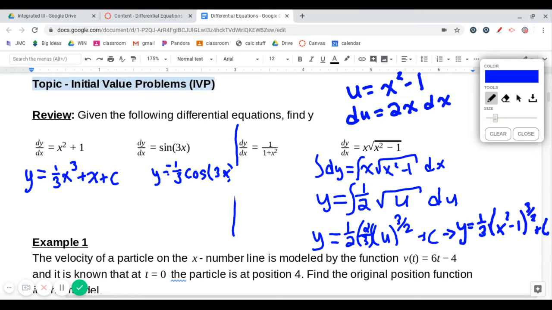And there, we solved for y for 4 different differential equations, which is all stuff you've seen before.